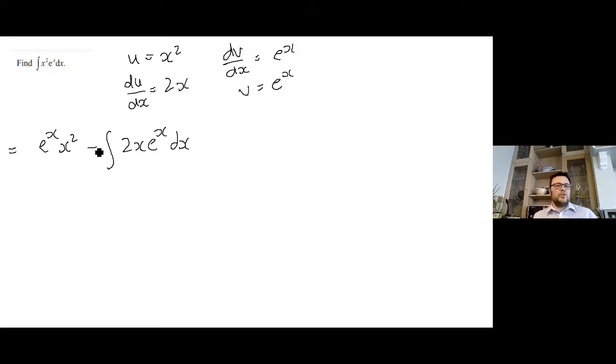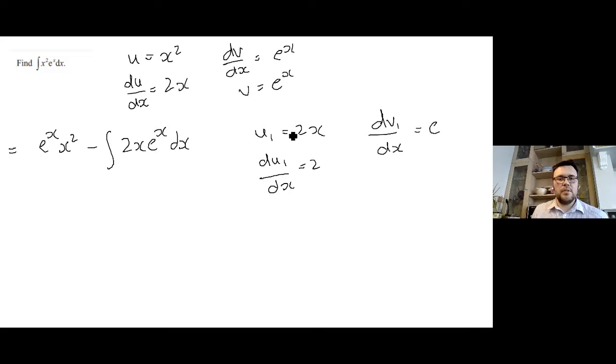As you can see, we've reduced the power on the x squared, so it's a little bit more manageable, but we still can't integrate it straight away. So we would then do u1 equals 2x, du1 by dx equals 2. And then again, dv1 by dx is equal to e to the x, so v1 is e to the x.